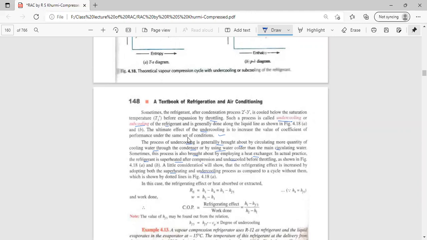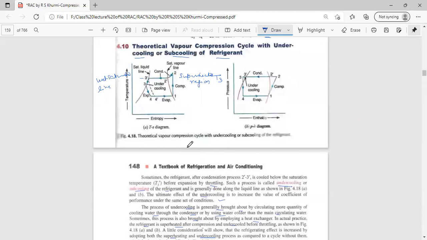So what happens? H1 is equal to H4, but H4 is comparatively less in enthalpy. At constant enthalpy there is no heat release, only expansion takes place.